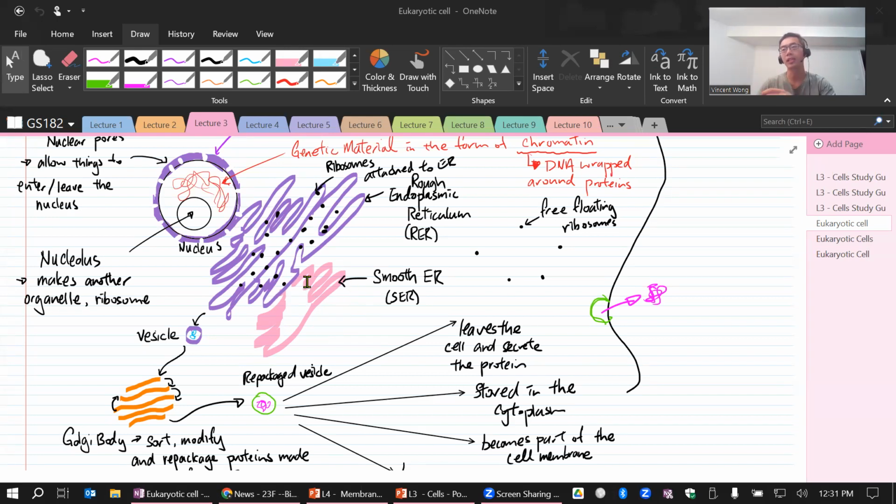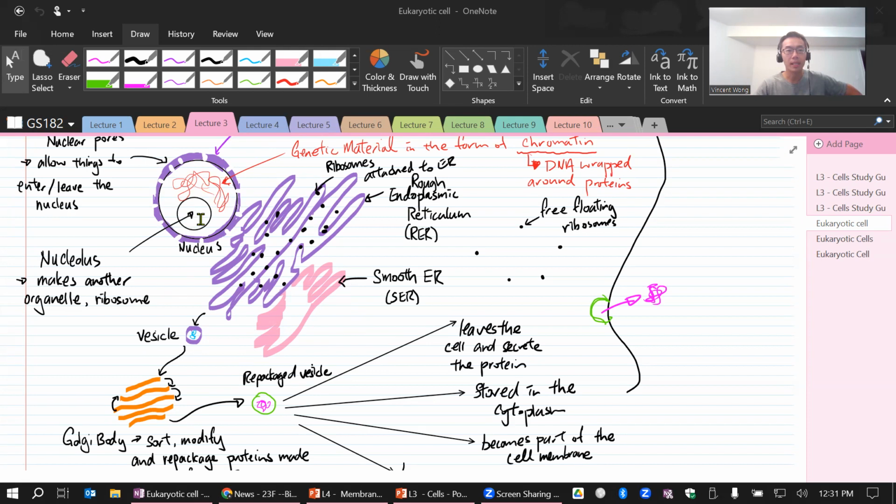The ribosomes are these tiny, tiny structures that are made up of proteins as well as RNA, and they are produced from the nucleolus, which is what you will find in the center of the nucleus.